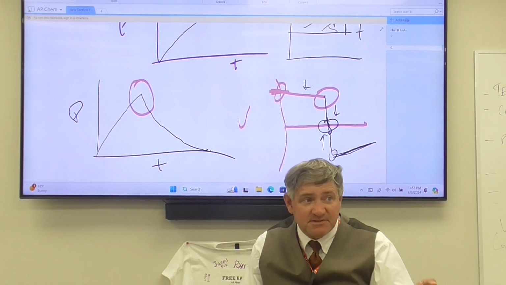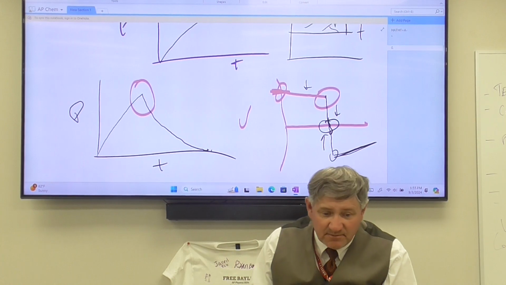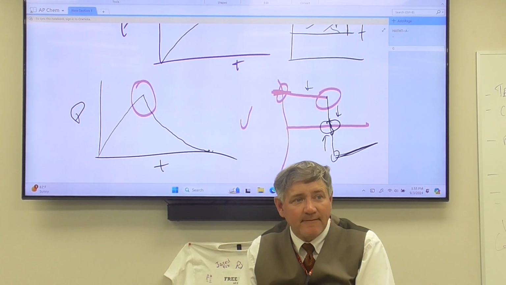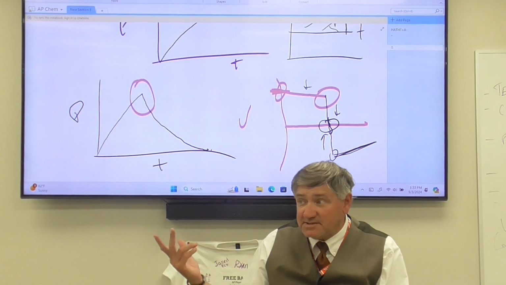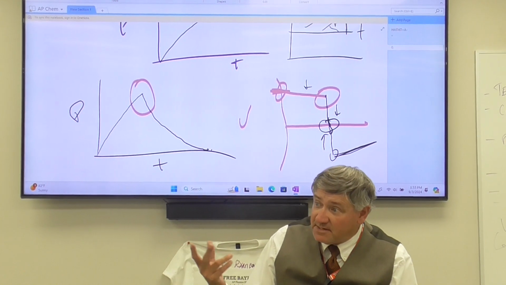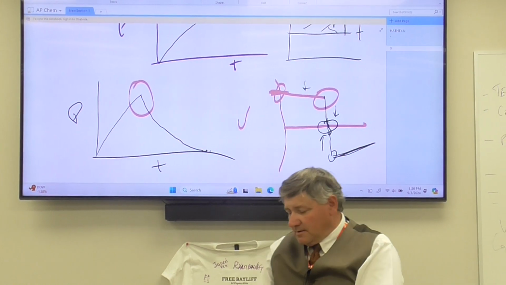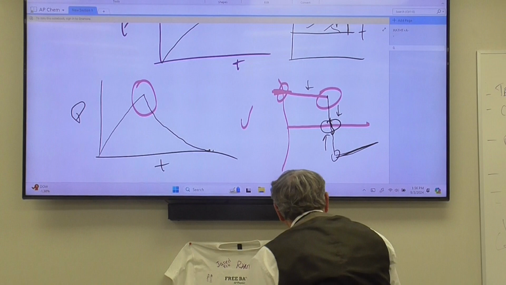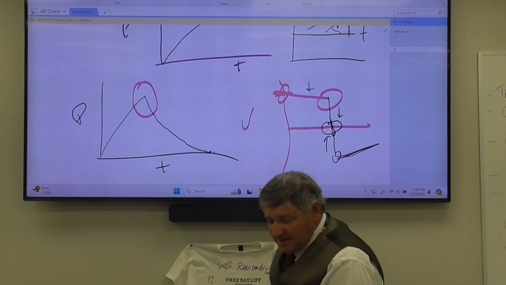The rest of the time it's doing what? Slowing down. So it's the only time velocity and acceleration have the same sign, when the spring is expanding. All the other times, velocity and acceleration have the opposite sign. Connor S., what's the sign of that slope, positive or negative?